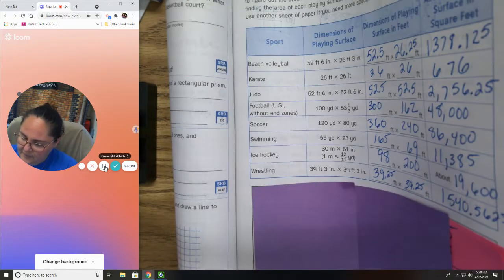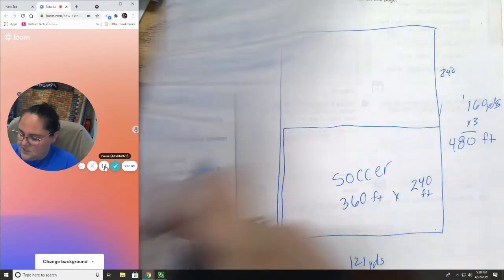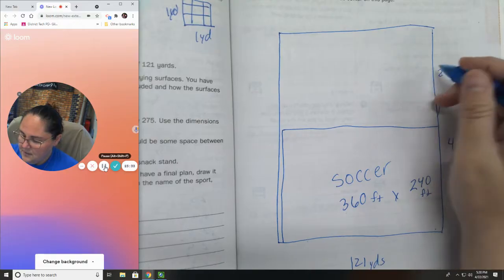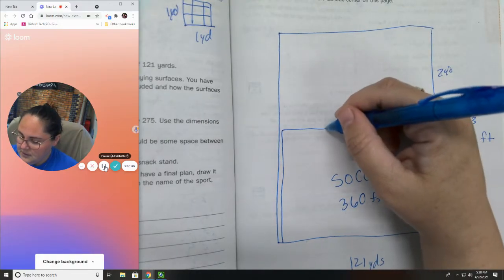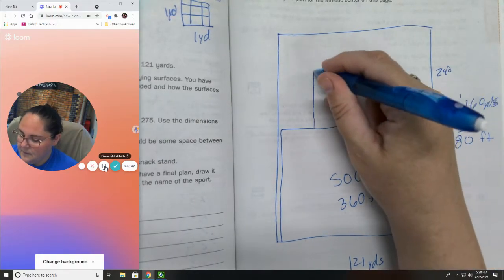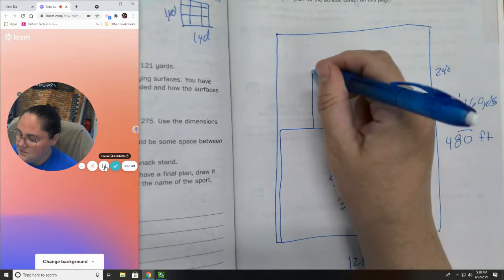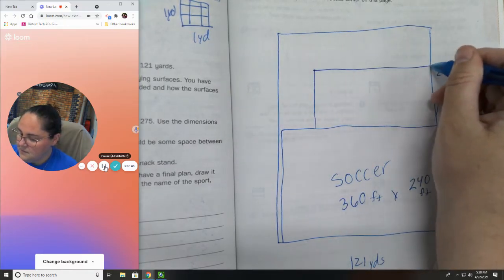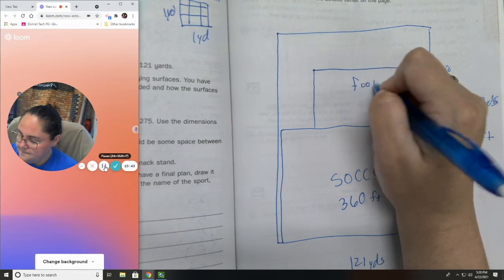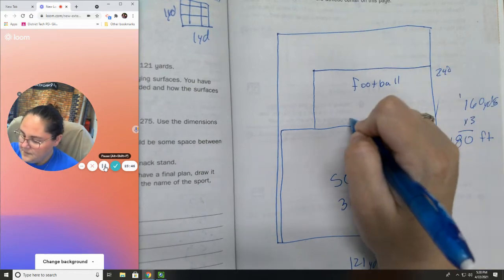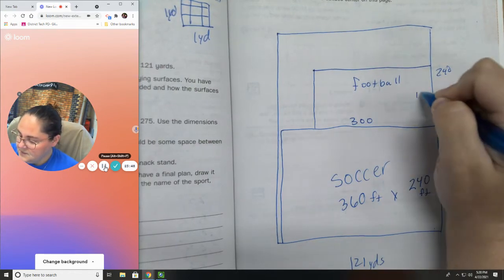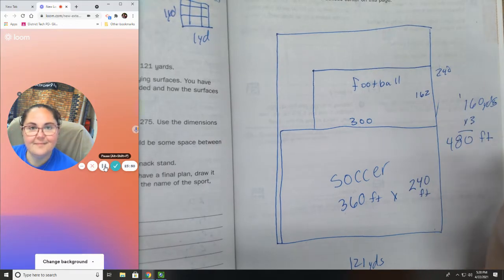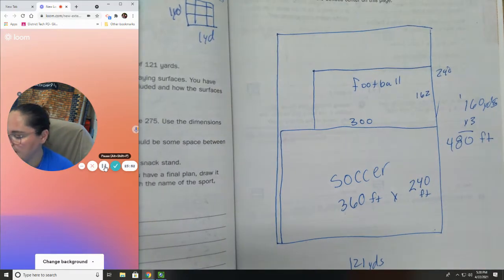Absolutely. So we said a football field was 300 by 162. Okay. So maybe 300 is about here. About 162 is about here. Football. 300 by 162. Okay, let's see. What else could I have?